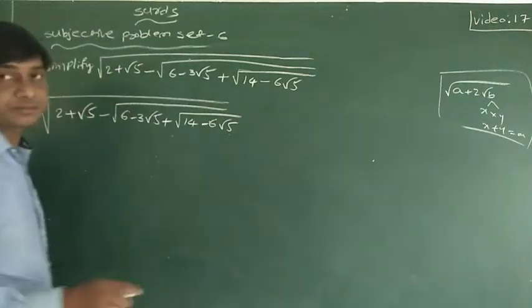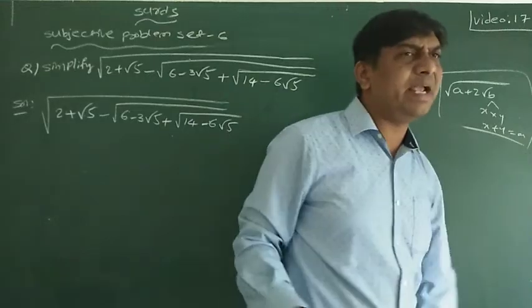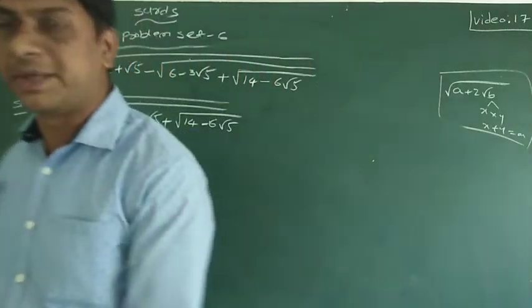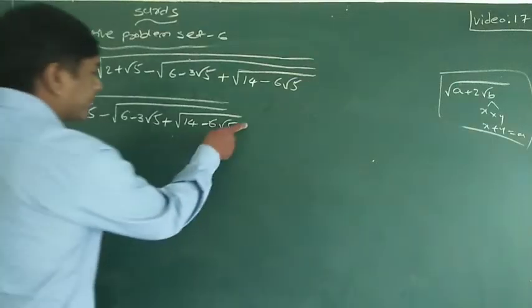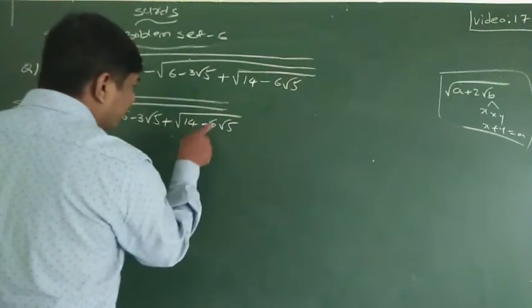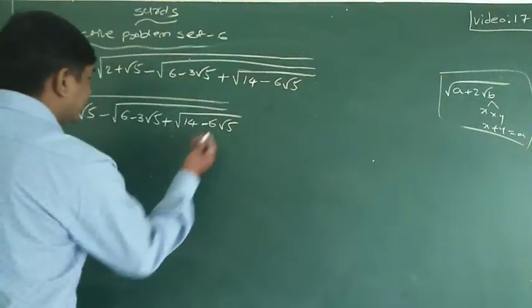To find the square root, I know the procedure for the a plus 2 into root b form only, with 2 as a rational factor. But first I have to simplify this square root. To simplify that, here I don't have a 2 as a rational factor.